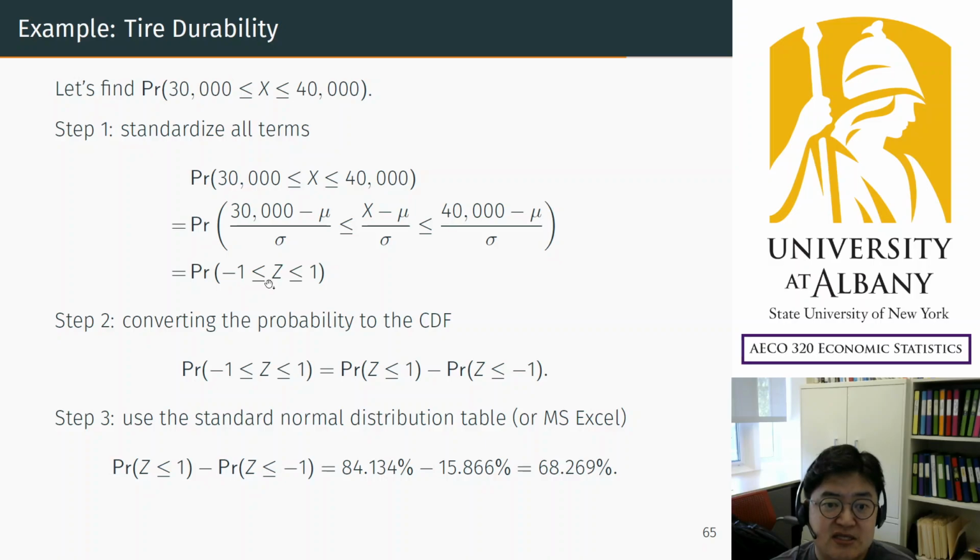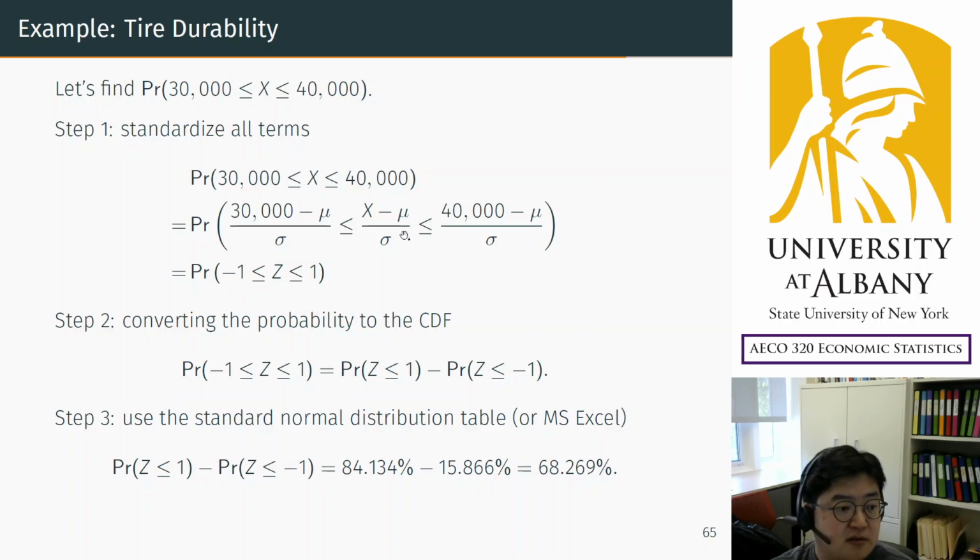But what is not nice is it is not in the cumulative probability form. So you have to express this probability using cumulative probabilities by taking the difference of 2 cumulative probabilities. Okay, and then use Excel. Put in these numbers on Excel, and obtain those numbers.